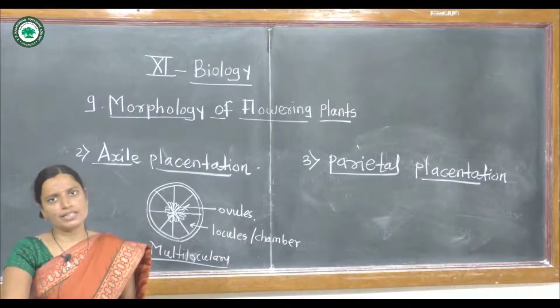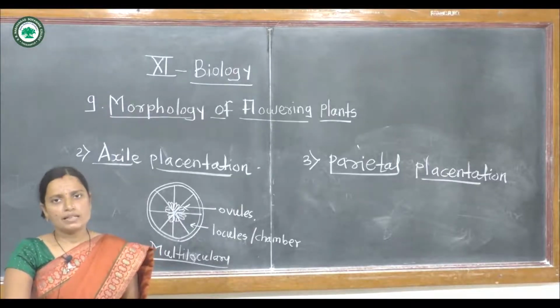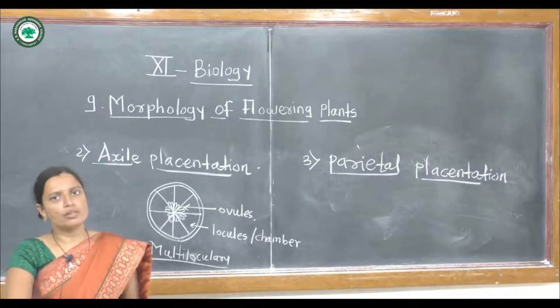Parietal placentation is seen in papaya and cucumber plants, which show this type of arrangement of ovules.